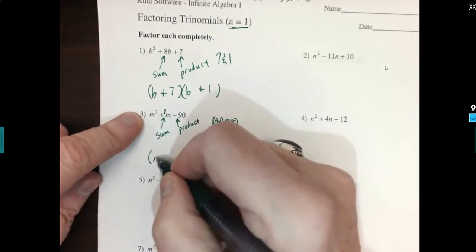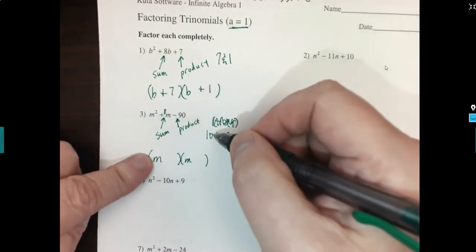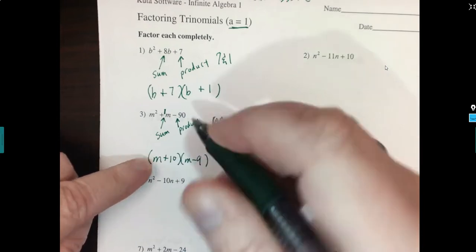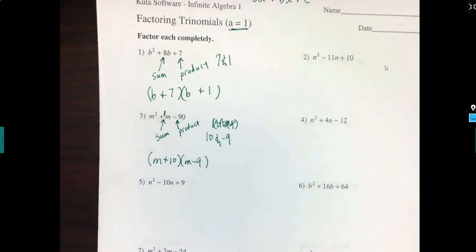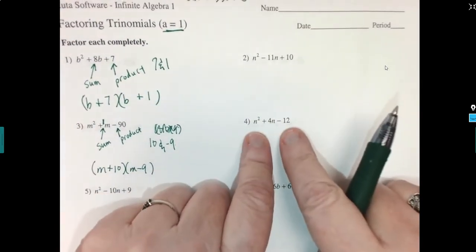So I can factor this now. My variable is m. And again, the order doesn't matter. I'm going to have positive 10 here, and I'm going to have minus 9 there. And if I multiply that through and expand that out, I will get back to my original. Okay, what about this one?